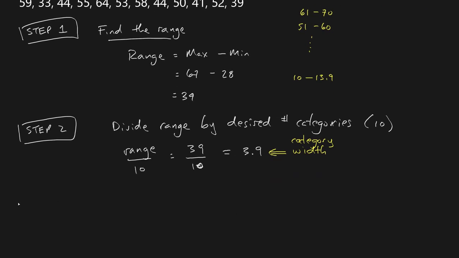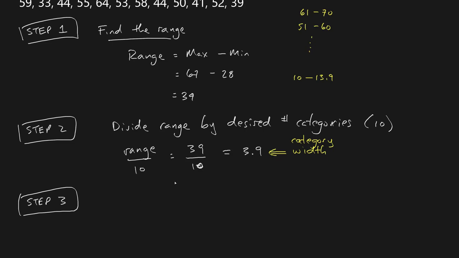So step 3 suggests this. And remember, these are all just suggestions. So if you want to get rid of one of these at any point, that's fine. We're just trying to work towards a small table with enough categories to break things down a little bit, or to break them into different groups.